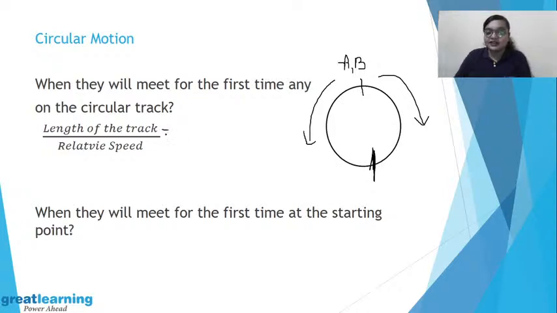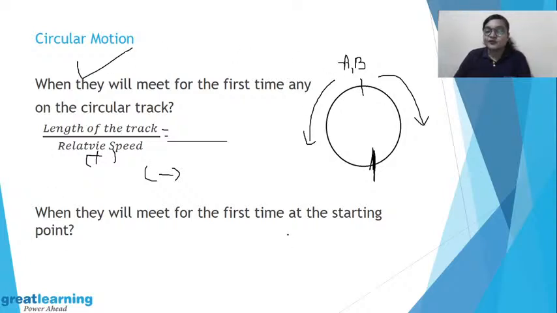So the length of the track divided by relative speed. Again, for relative speed, if they are moving in opposite directions, we need to add the speeds. If they are moving in the same direction, we need to subtract the speeds. That is something we have to be very, very clear about, right? So that is the first point.